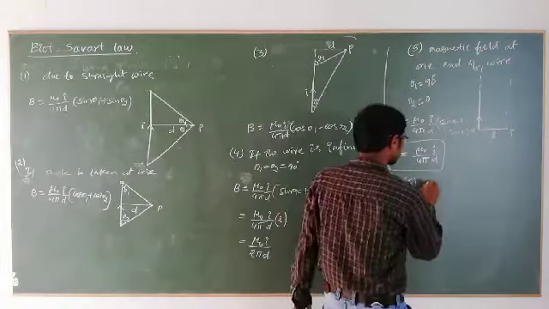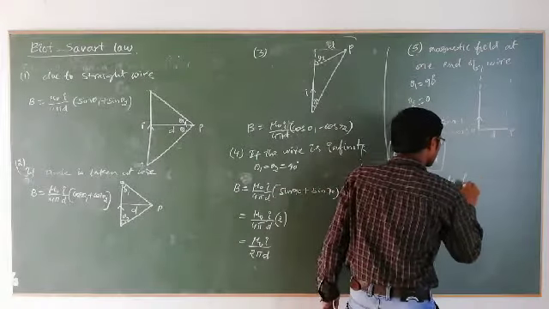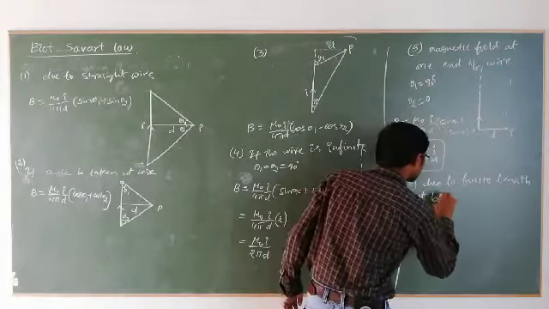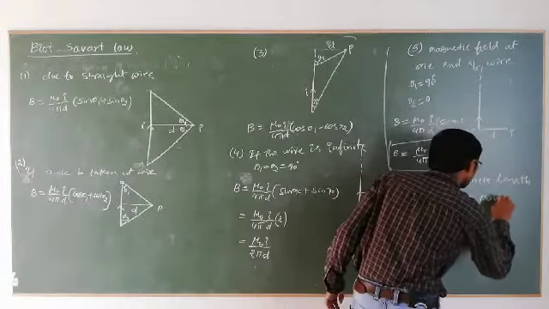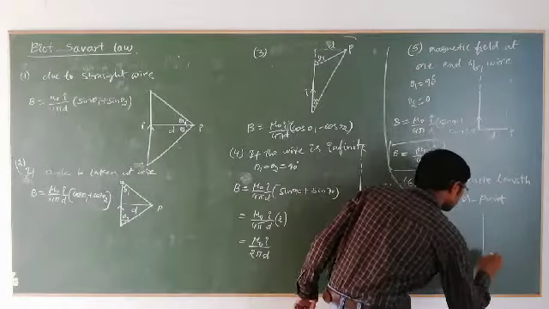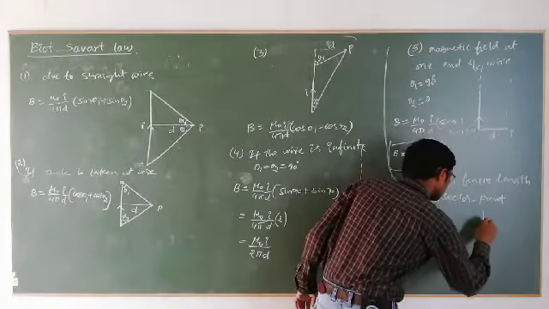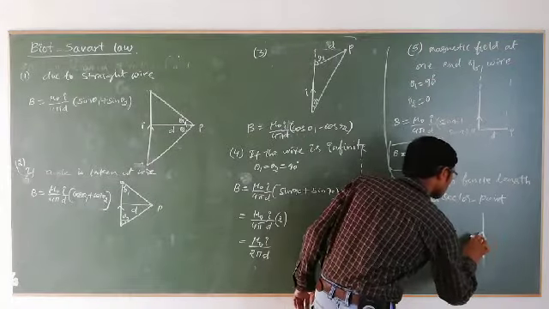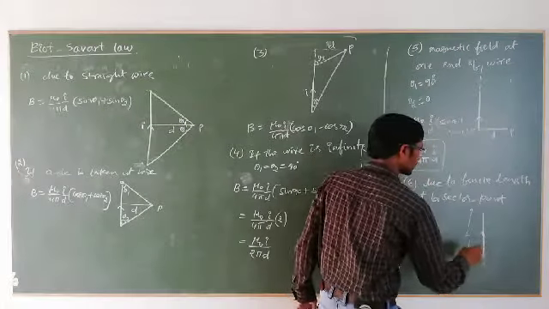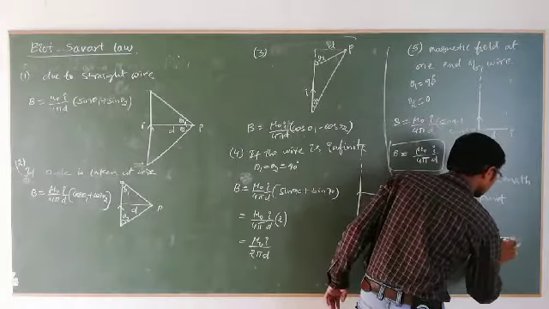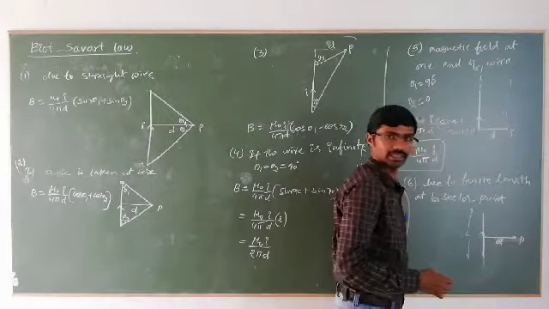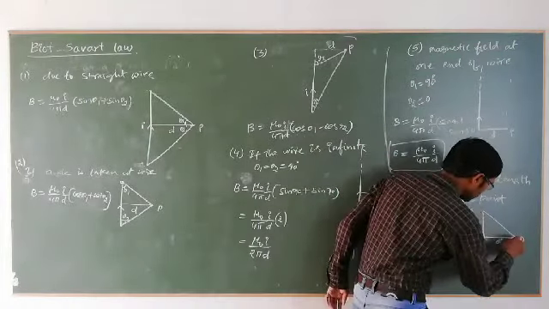Due to a finite length wire at the bisector point, if its length is L, at this bisector point at distance d, it is point P.